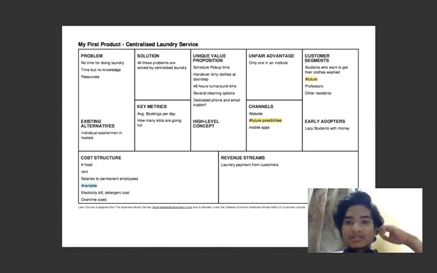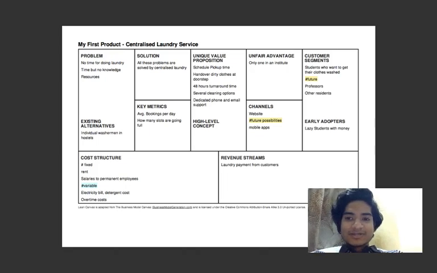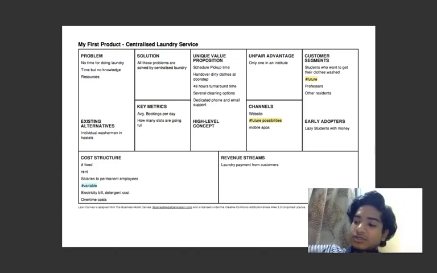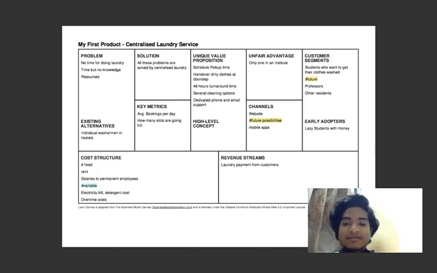Some of the future possibilities of customer segments can be professors and other residents in the institute, because it's important to understand that the service is limited to the institute only. So only the institute residents can avail the service.